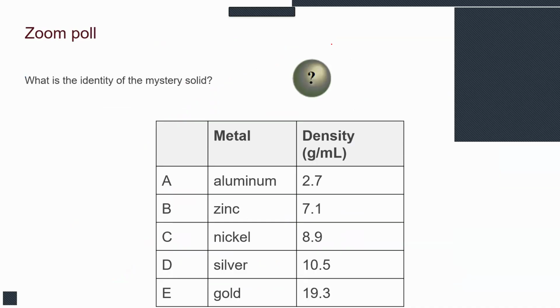So if I were to come up to you and I were to say, hey, I have this unknown sample, and I determined that the density was 19 point, let's just say 29 grams. Let's say it was really precise. And I've got, actually, let's just go with 450 grams. That's about 1 pound.